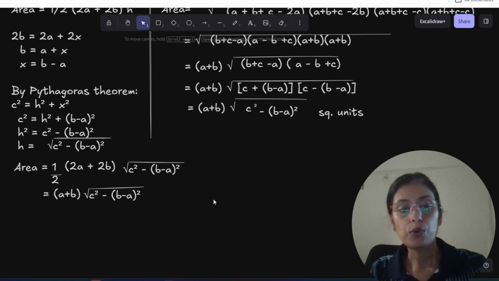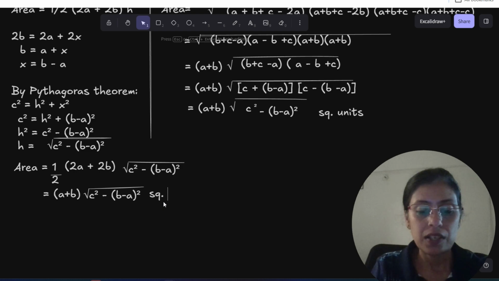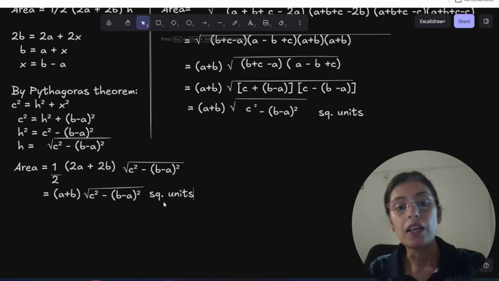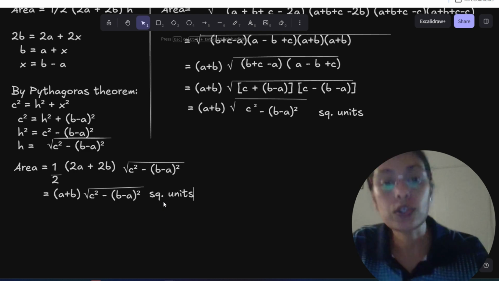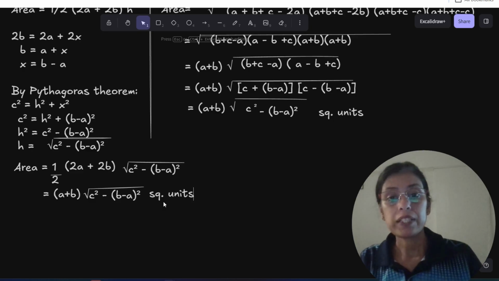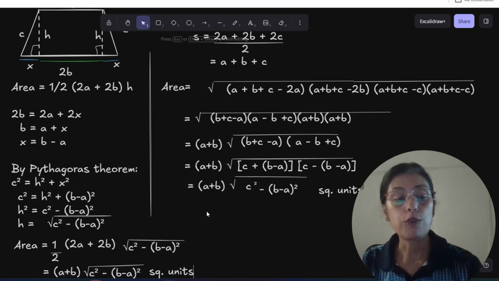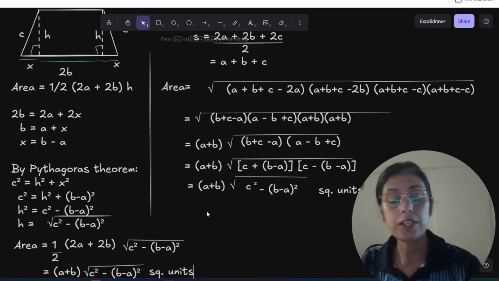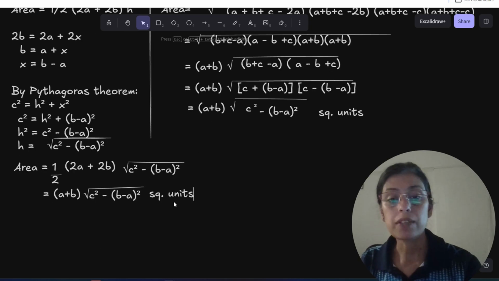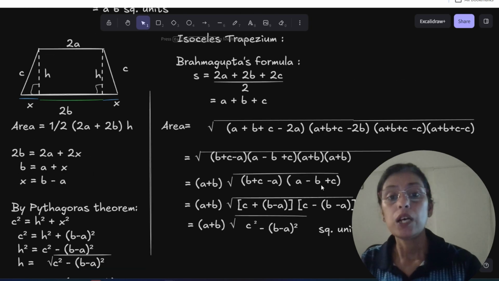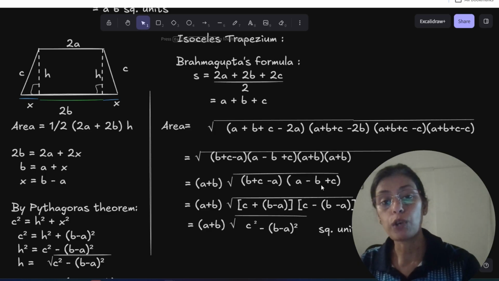So here also we can very well see that the area calculated for this isosceles trapezium with both methods, applying the formula of half of the sum of the parallel sides into the height, is giving the same answer as what we got with Brahmagupta's formula.